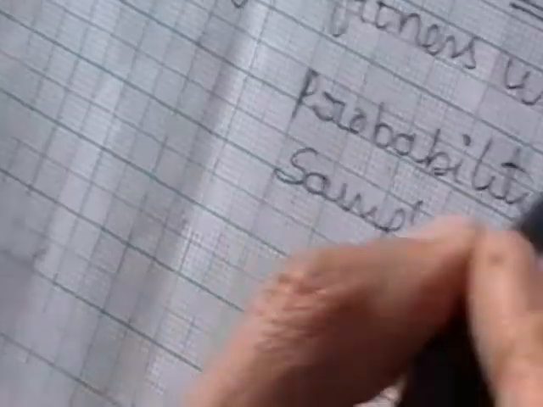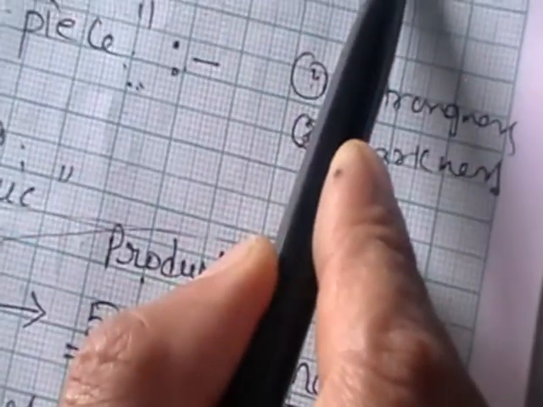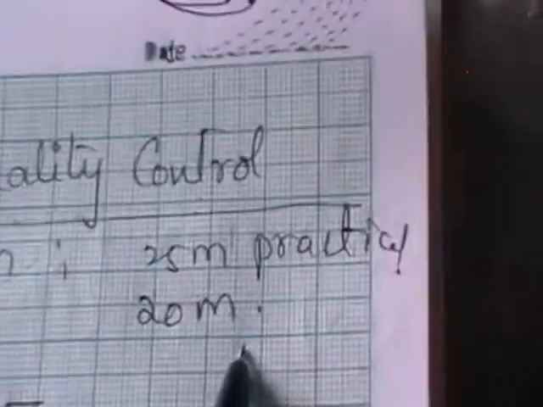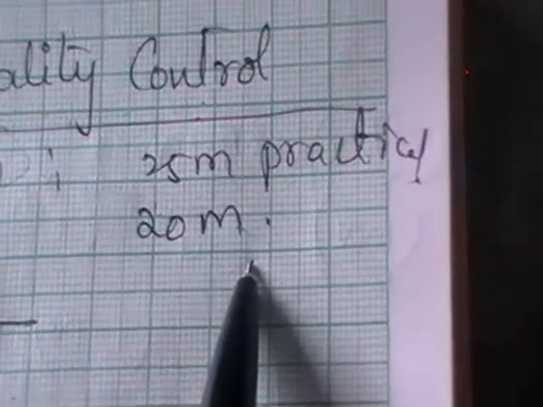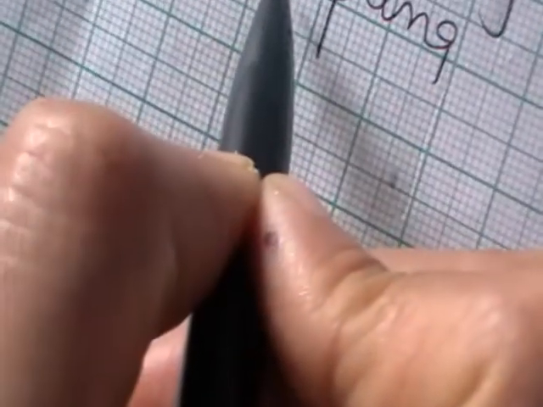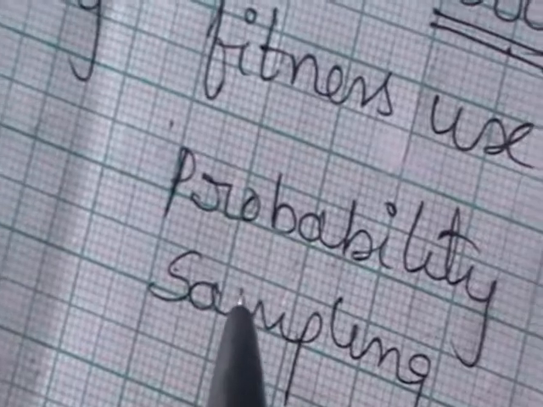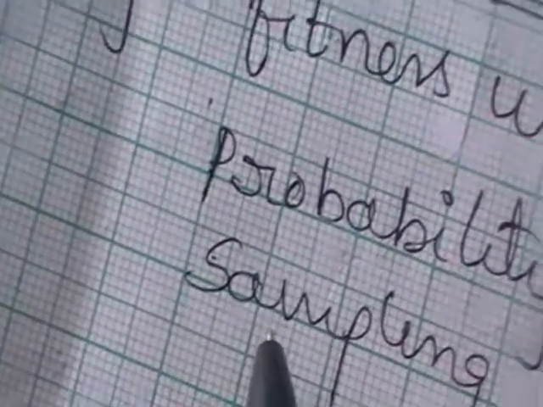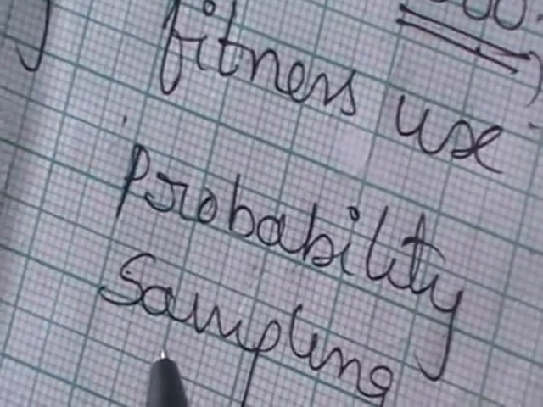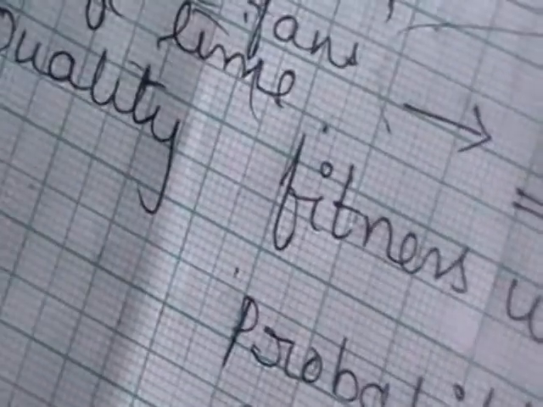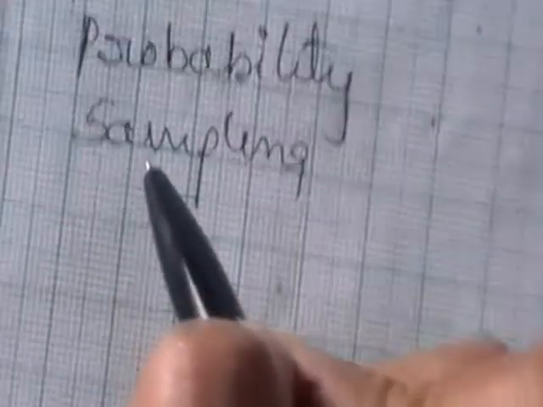This statistical quality control gives assurance for any manufacturing unit or any process to say whether it is under statistical control or not, by using the techniques of probability and sampling. So statistical quality control refers to the important statistical techniques in industry, which are used to check whether the process is under statistical control or not.